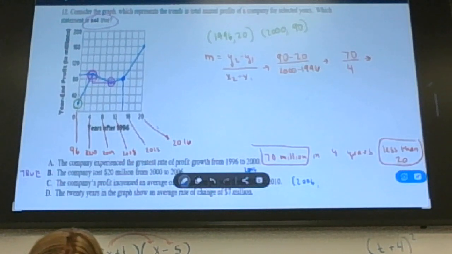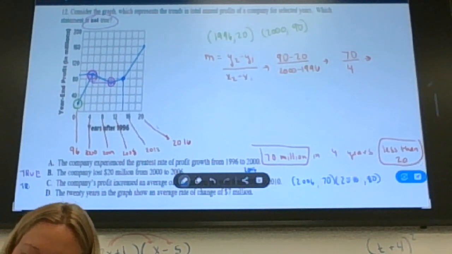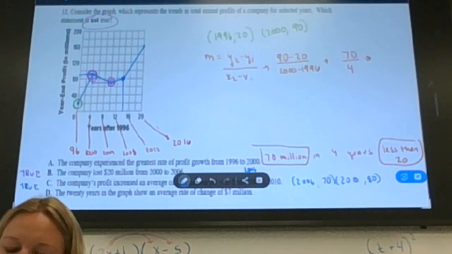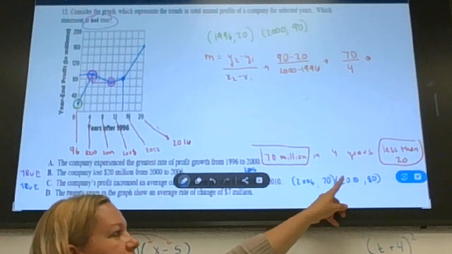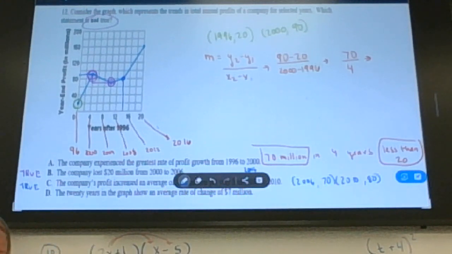So in 2006, it was 70. Okay. And then 2010, it was 80. So yes, that one is true. It did increase. It actually went up 10 million in 4 years. This is a $10 million increase in 4 years, which is 2.5 per year.